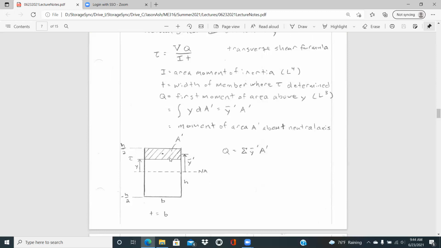And so that would give you then the shear stress at that distance y above the neutral axis. If you're dealing with multiple geometries, where looking above y, you have, say, another thing jutting out, it's really just the sum of those distances to each one of those centers of area times the area of that portion.